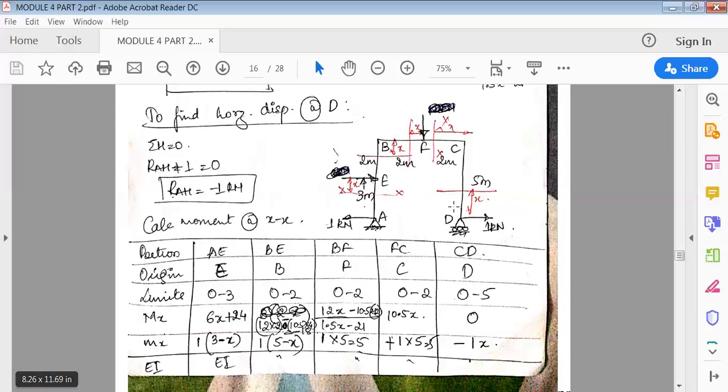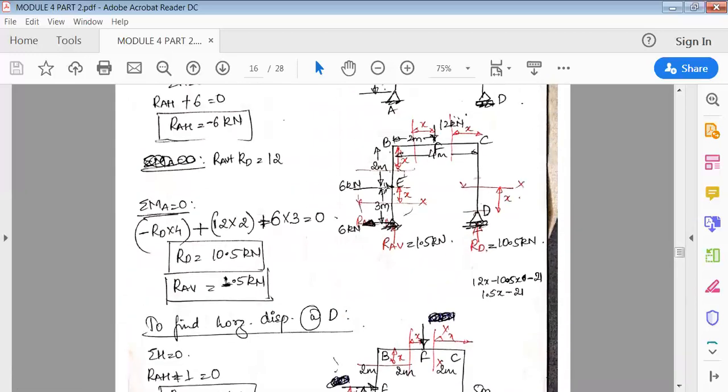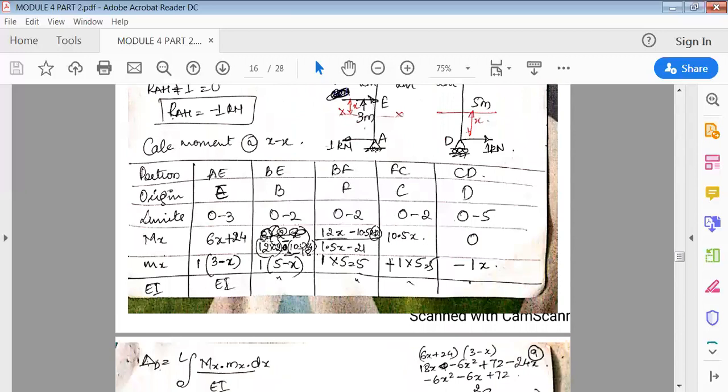Let's start with capital MX first. I'm cutting the section here, so to the right side, check all the forces. It's like opening the frame, so to the right side consider all the forces. In the AE section, the 6 kilonewton is going clockwise, so it is 6x. Then there is one more load here, 12 into 2, this distance, because it reaches this line, again clockwise. So 6x plus 24.